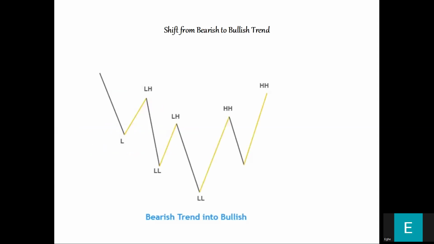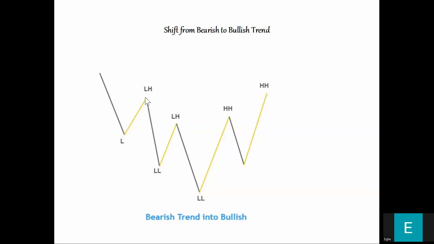So this is a kind of an illustration where you will see a shift from a bearish to a bullish trend. Now, when we say bearish, we are simply saying a trend that is coming from up to the downside. So this is a bearish trend. It pushed, created a high, a low, then pulled back to a premium level to create a lower high.